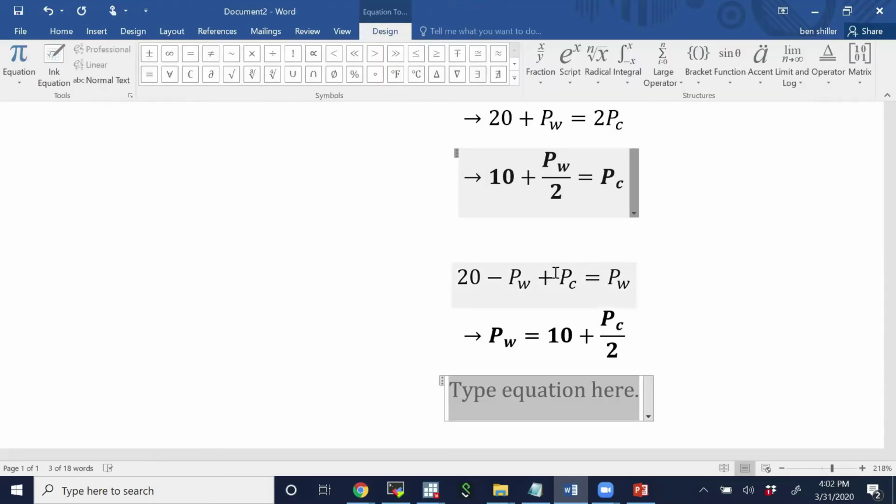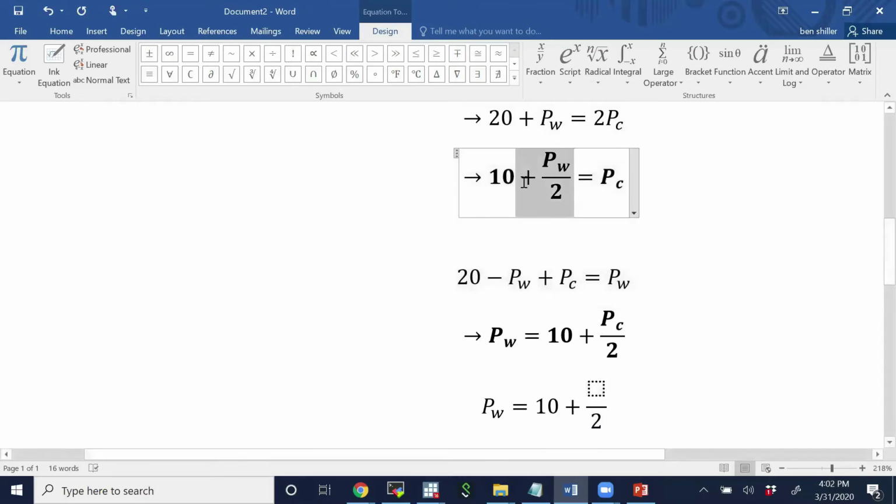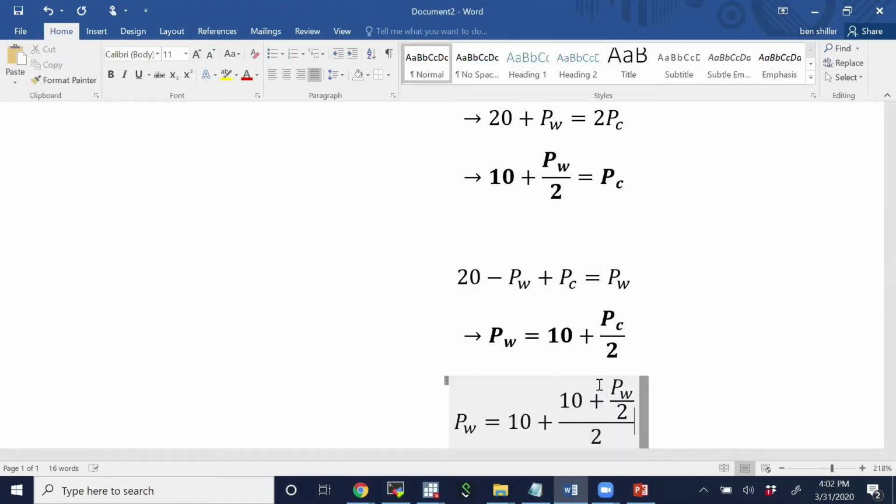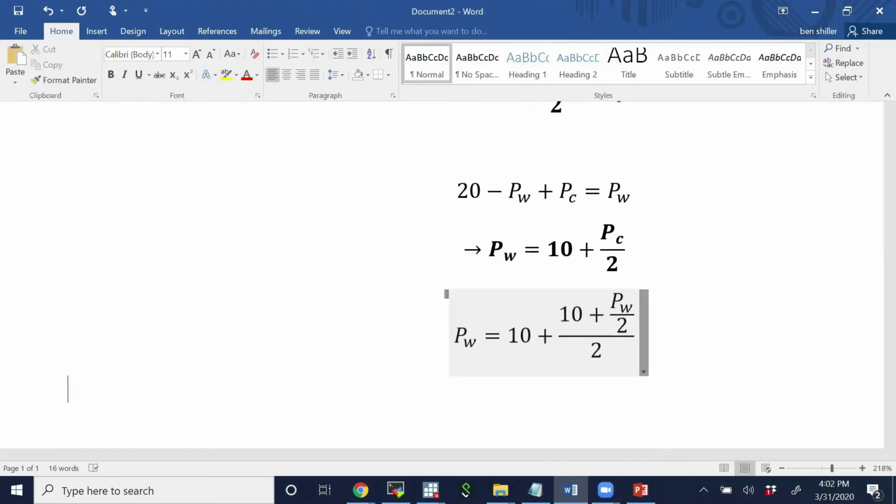Let's start by plugging one into the other. The price of wheat is equal to 10 plus the price of corn divided by 2, where we know from the first equation that the price of corn is equal to 10 plus the price of wheat divided by 2. So we can plug that in. Now we have an equation which only depends on one variable, the price of wheat.